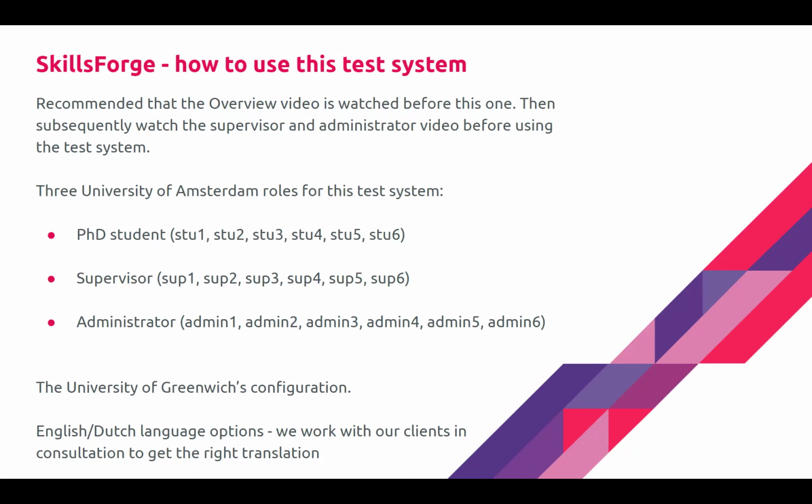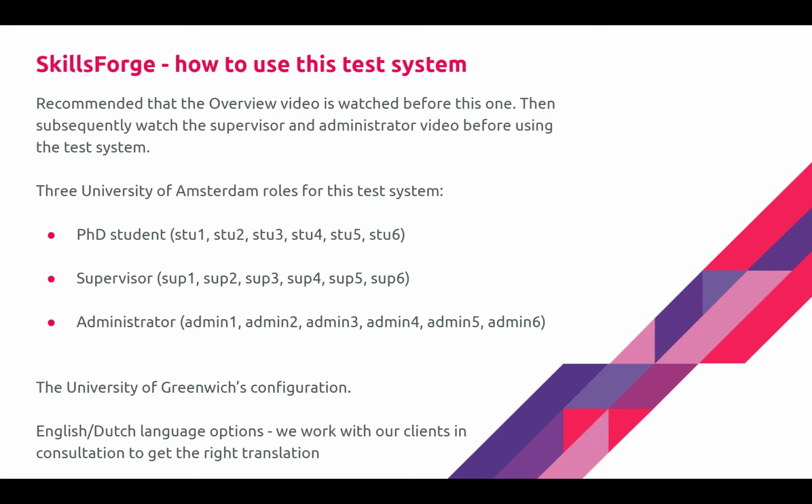We haven't translated all of the site from English to Dutch, because some of it is technically out of scope, and it's quite a significant translation exercise. So, for example, the skills framework hasn't been translated because the University of Amsterdam will probably have its own skills framework.